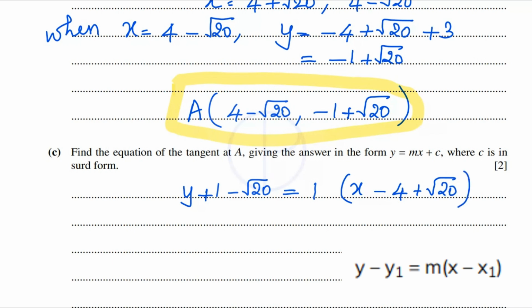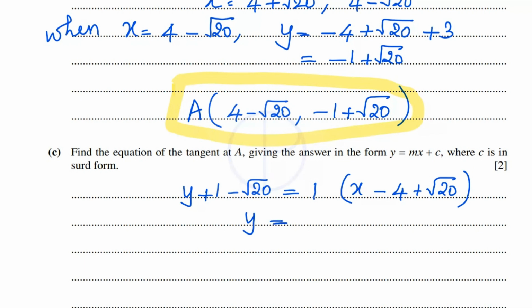Okay. So let's keep y here. Bring all other terms to the right hand side. And before that, let's expand the bracket. 1 multiplied by x is x minus 4 plus square root of 20 minus 1 plus square root of 20.